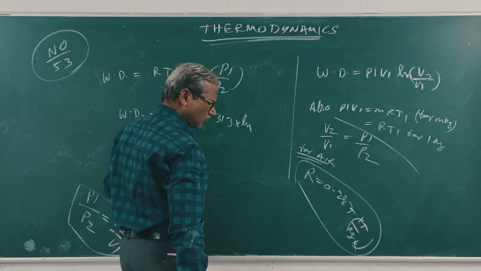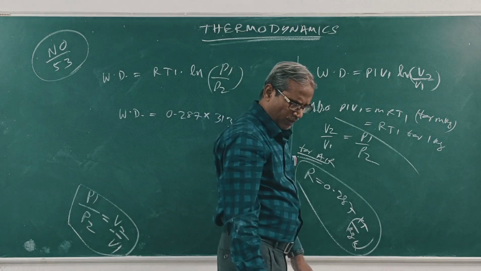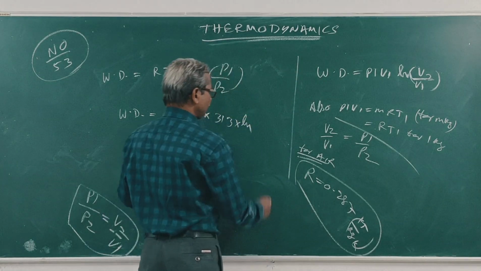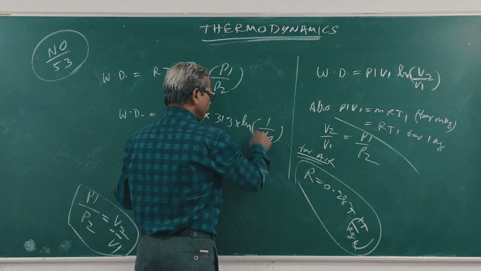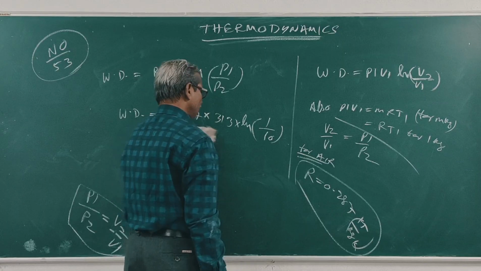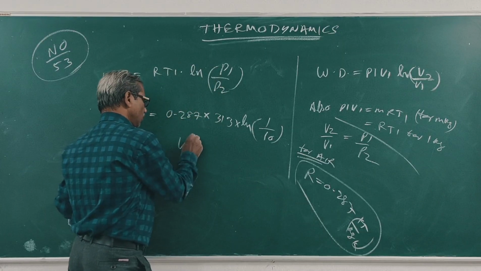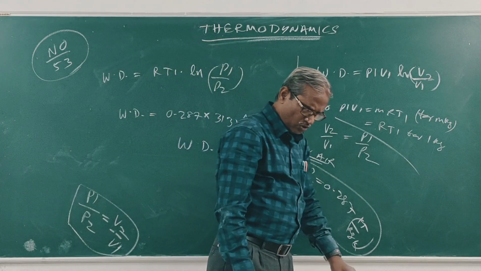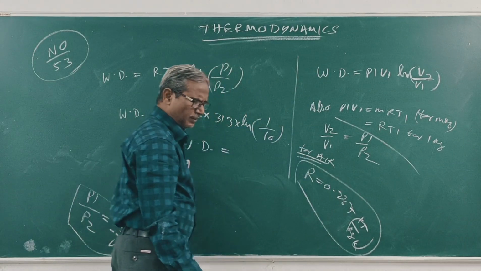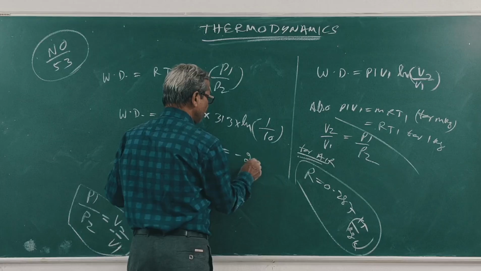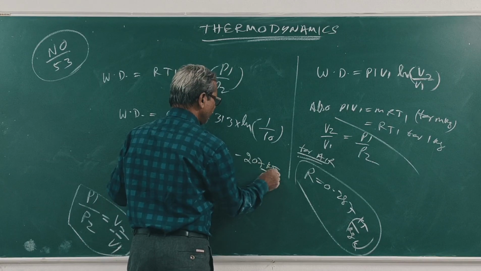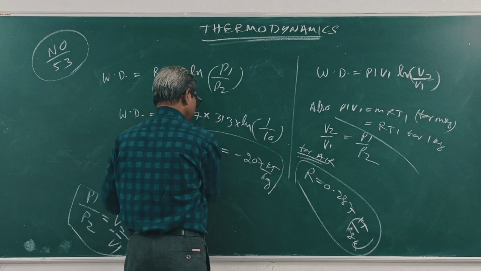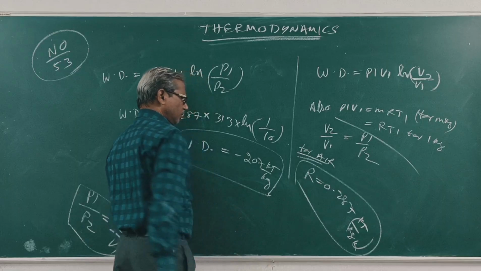P1 is 1 bar, P2 is 10 bar, 1 by 10. Now the work done is equal to minus 207 kilojoule per kg.